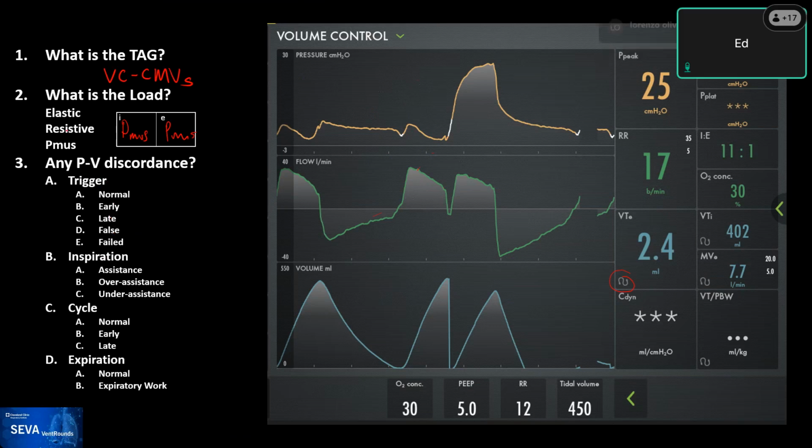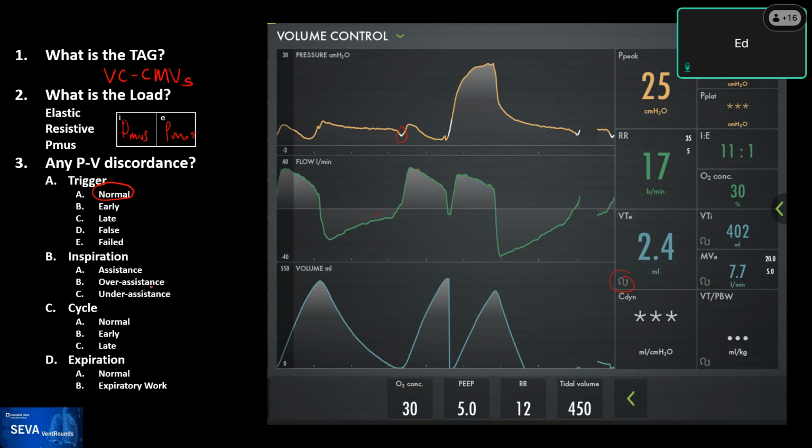Trigger is absolutely normal. I concur. So even though the trigger is in pressure, and you see that over here, it seems to be triggering, not major delay, and then the device triggers. And then if you look at the flow, you see that it crossed baseline and it triggered.